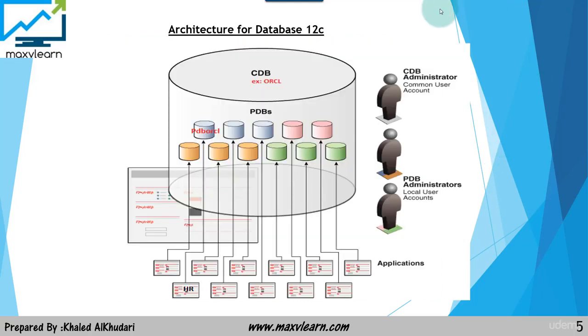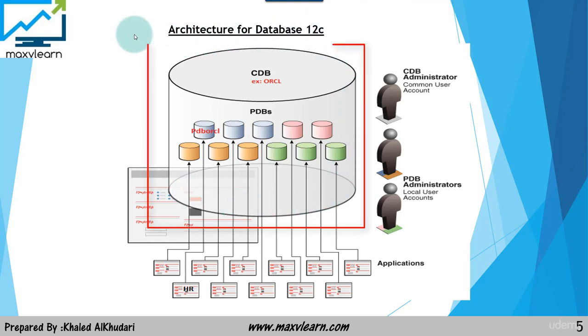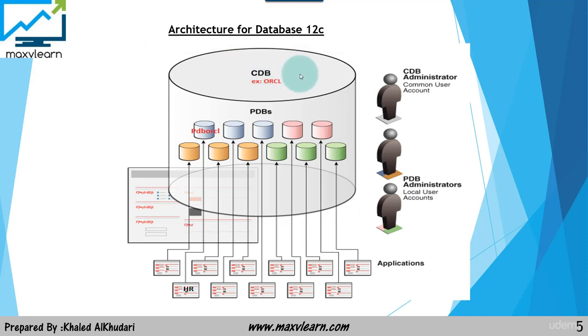In the Oracle Database 12c, you will find one big database called the container database. So we have a root database, a big database. Inside this database, I will find pluggable databases. So there is only one big container database, and inside it I will have many pluggable databases.